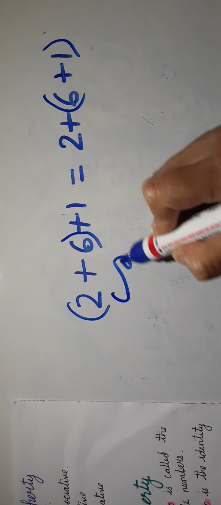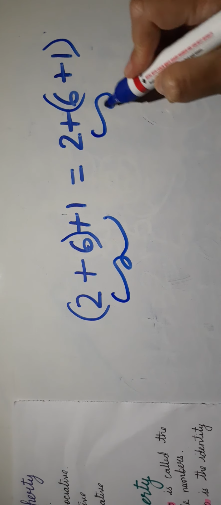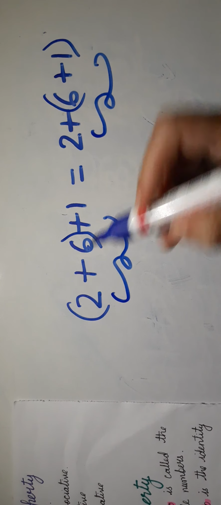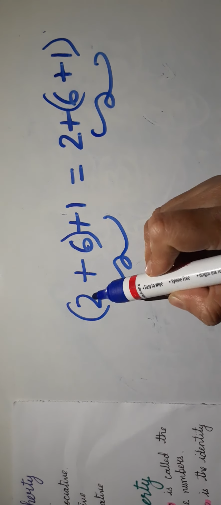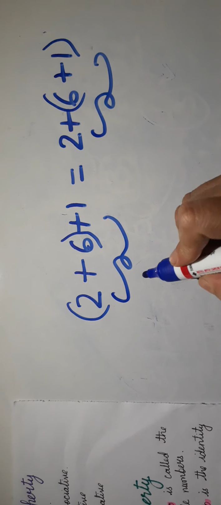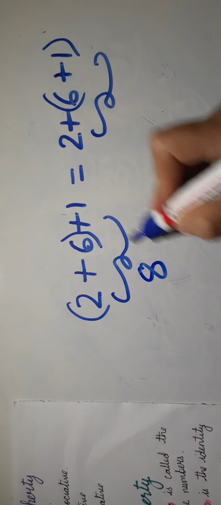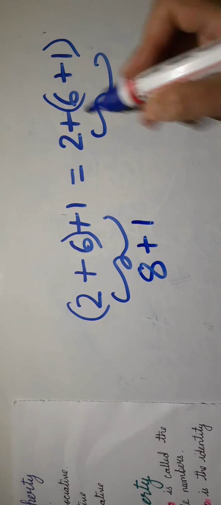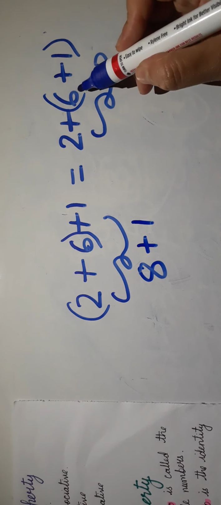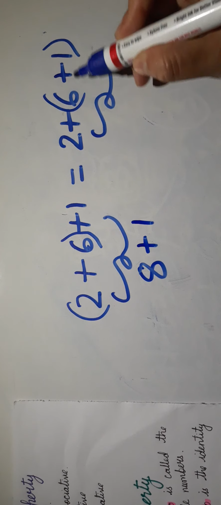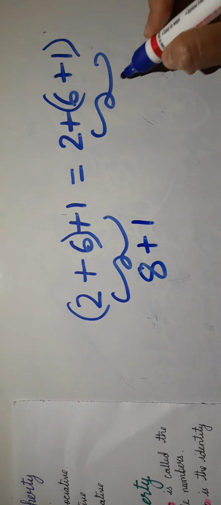Let us see the result from the left hand side and the result from the right hand side. We will clear first the bracket. So 2 plus 6 is 8 plus 1. Now on the other side, we will clear first the bracket. 6 plus 1 is 7.